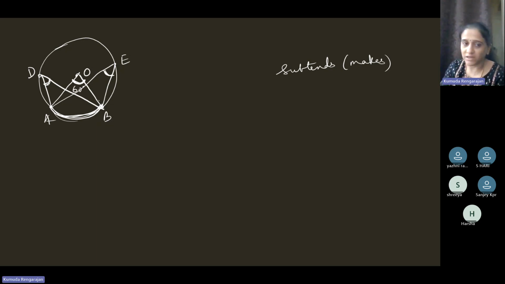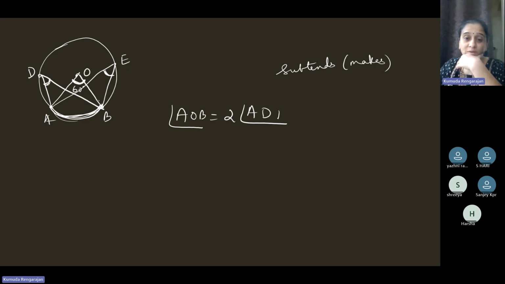This one arc AB makes AOB at the center, it makes ADB on the circumference at the point D, and it makes angle AEB on the circumference at the point E. Now coming to the relation between these angles. The angle at the center, that is angle AOB, is twice the angle on the circumference made by the same arc.